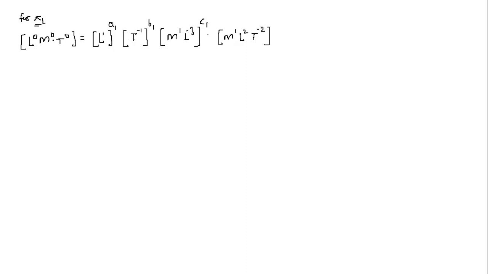For the left hand side there is a 0. So firstly we'll go for equating the powers of m, that is, the mass dimension, we'll compare for the mass. So firstly I would like to go for comparing the powers for m.